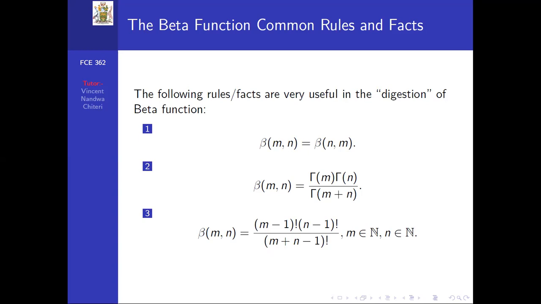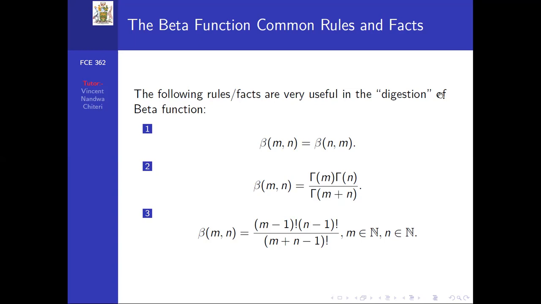And it can also be shown that the beta function of parameters m and n can be expressed in terms of gamma functions, which is gamma of m times gamma of n divided by gamma of m plus n. And also, because we can express the gamma function in terms of the factorial function, the beta function can also be expressed as a factorial function as given in this formula 3.